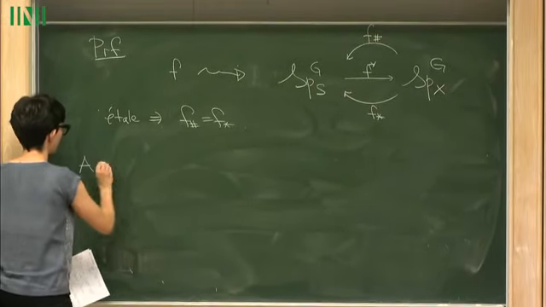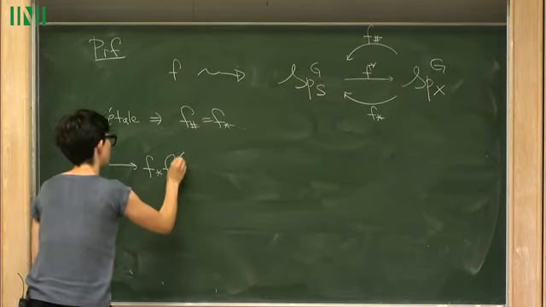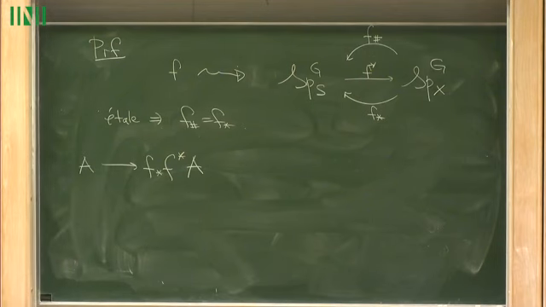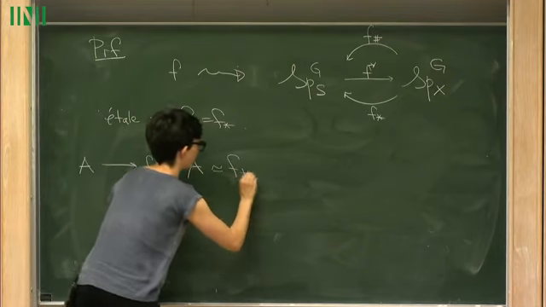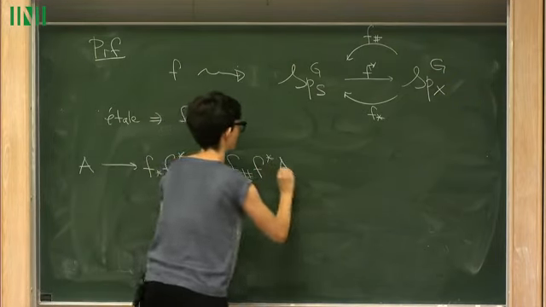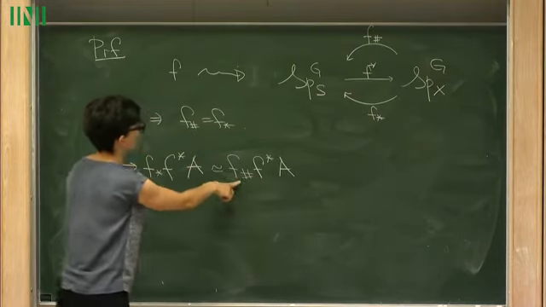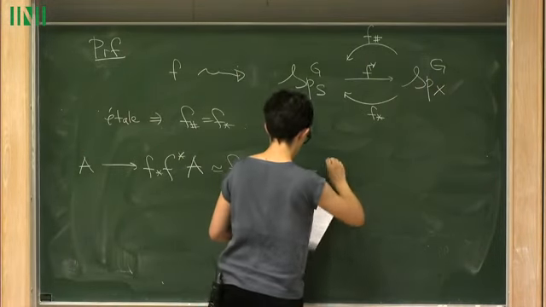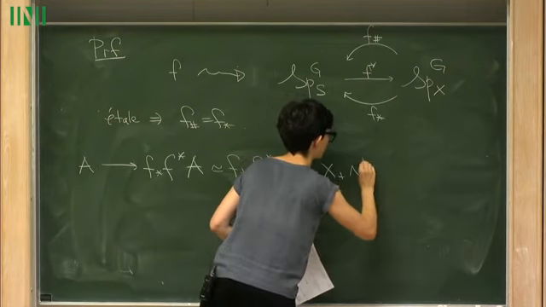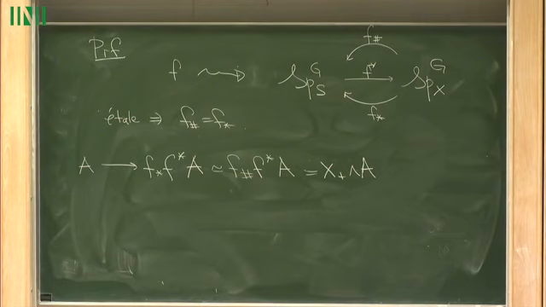Okay, so now what do I have? I have a map from A to, so I have a unit of this adjunction. Okay, but if I write it in the other order, what is this? I'm base changing A and then considering it as a thing over X. So this is X plus smash A considered over S. Okay, so that's what the map is.